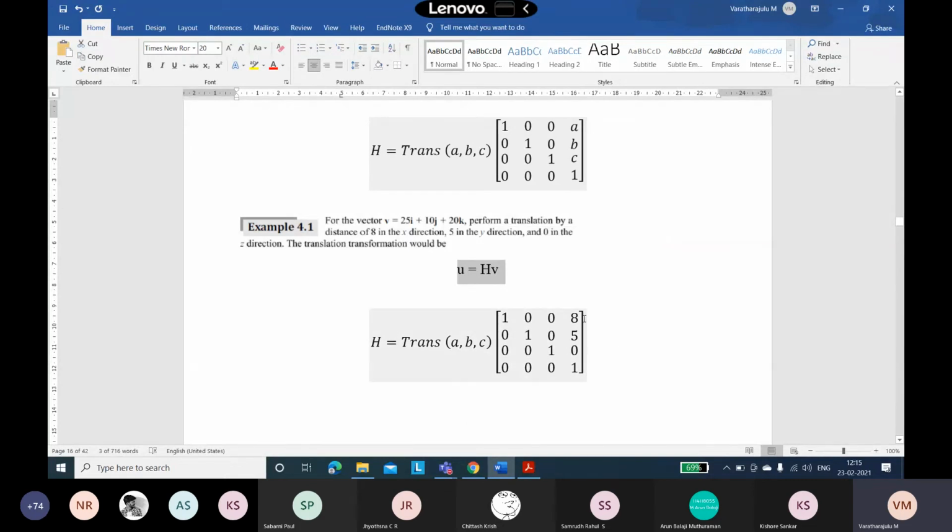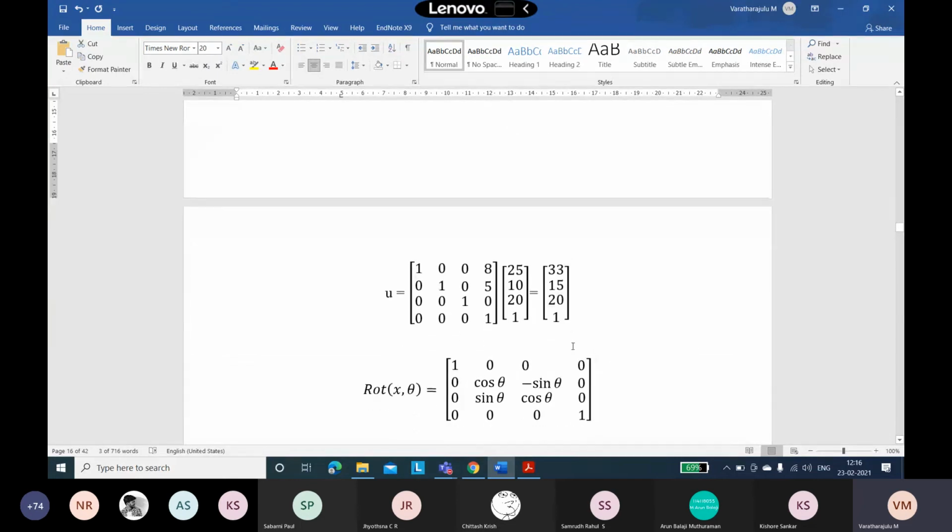Instead of ABC, the new distance taken in the x direction is A, in the y direction is B, and in the z direction is C. Instead of A, B, C, we introduce 8, 5, 0, and 1. The first 3 columns remain the same. We need to change the ABC alone. And we have V, that is 25, 10, 20, and the weight factor is 1.